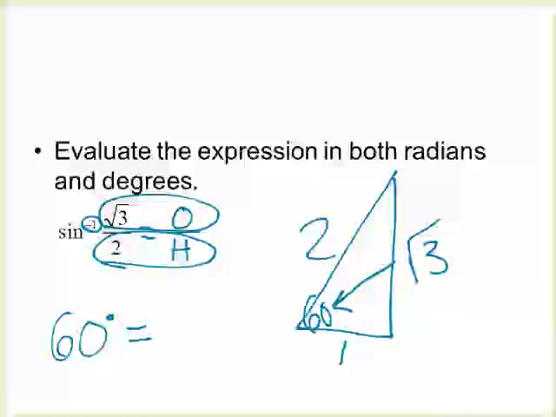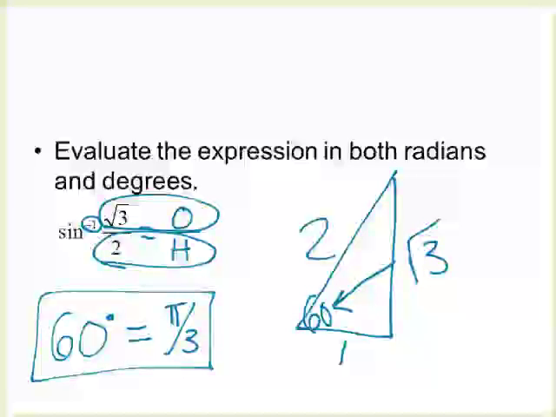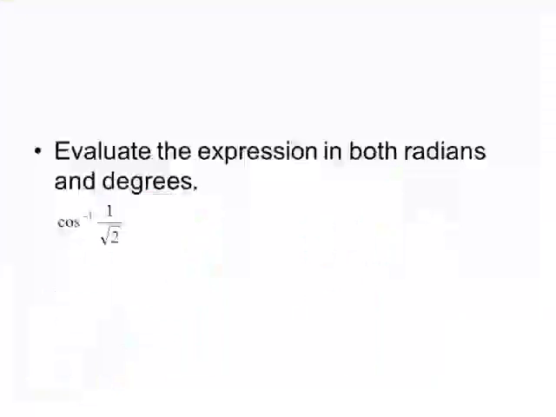So it's a third of 180 or a third of pi, since pi is equal to 180. So we're going to divide our angle into 180, and that becomes the denominator of pi. Okay? If this is somewhat uncomfortable, have no fear. We have many more examples.